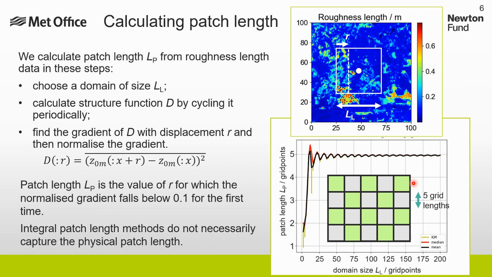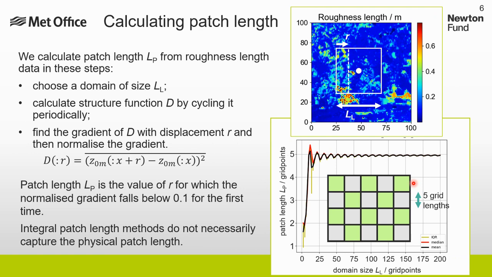So we've got a field of roughness length up there, and we pick an individual point and define a square domain around it of size LL. We then use this function D here. This is a structure function, a simple spatial correlation between two domains of equal size. We start off correlating the domain with itself.